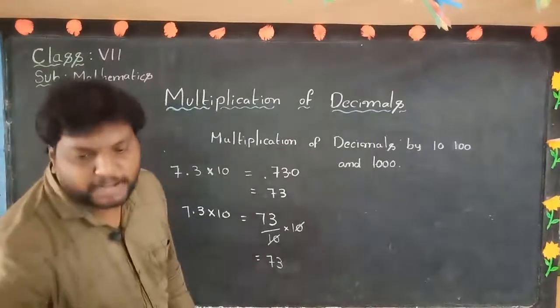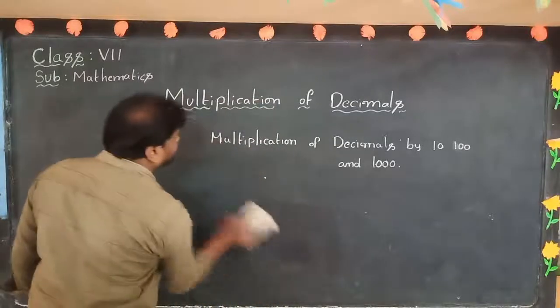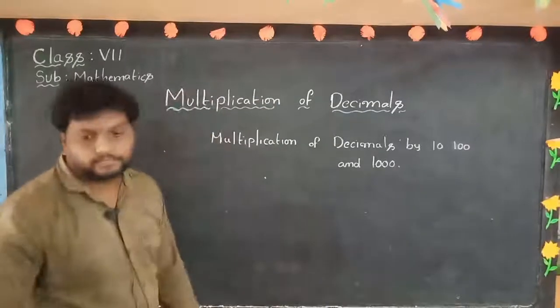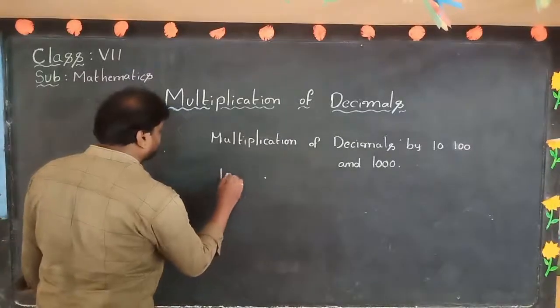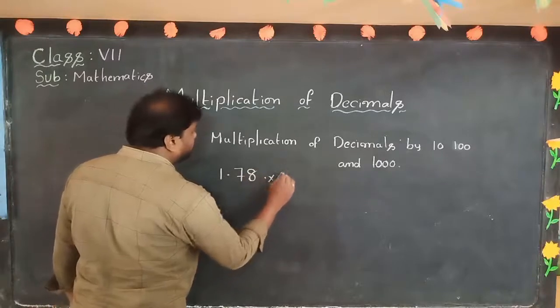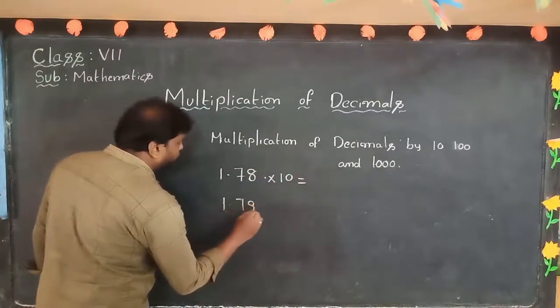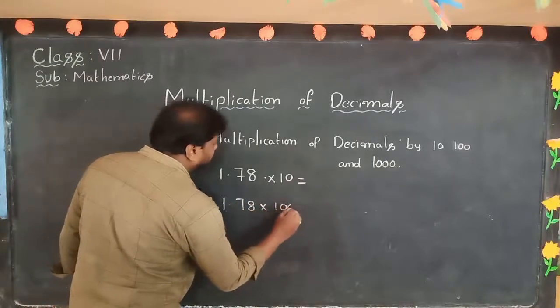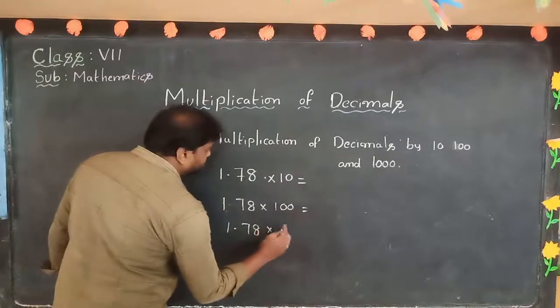One more example to explain now. Observe 1.78 into 10, 1.78 into 100, and 1.78 into 1000.